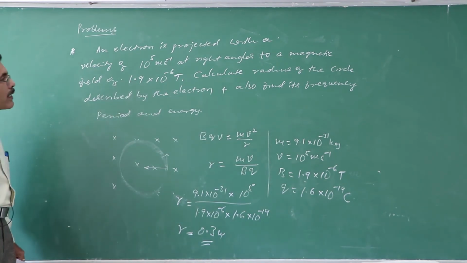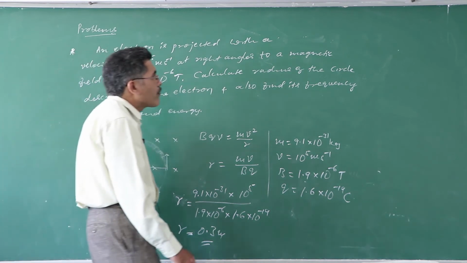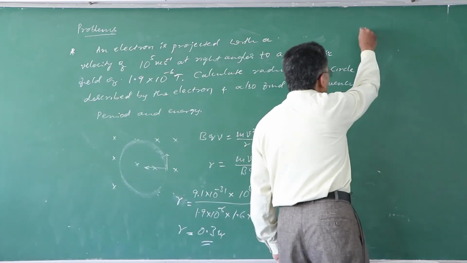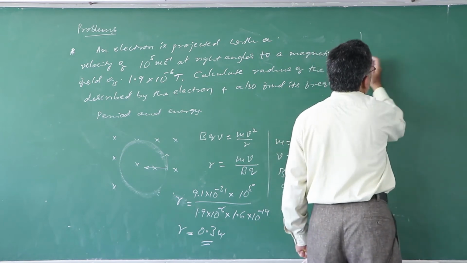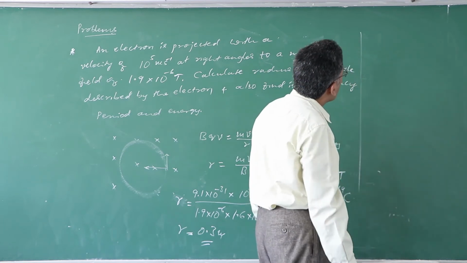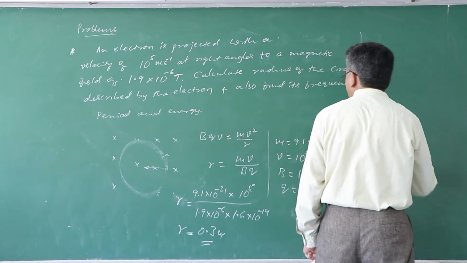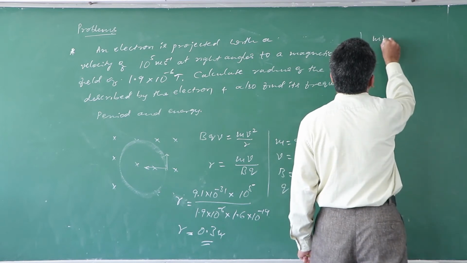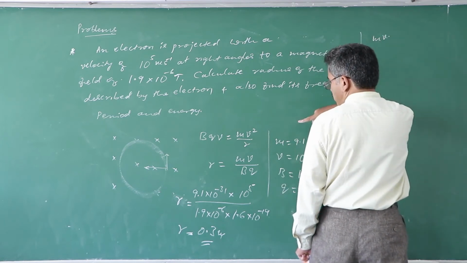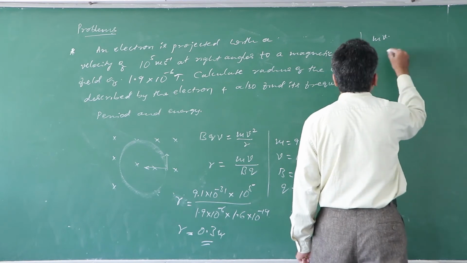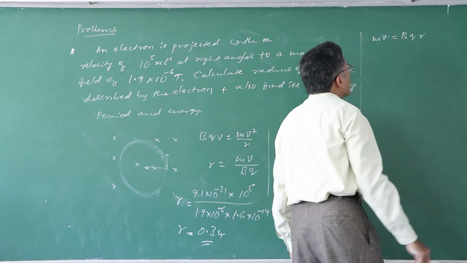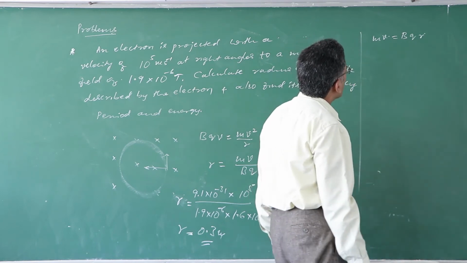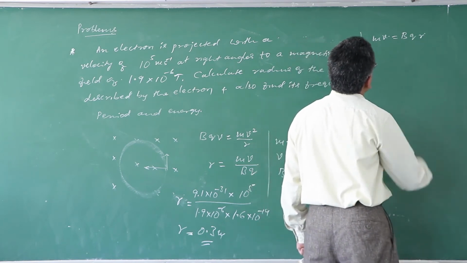So now let us take what is the frequency. We have a relation for frequency. From that relation, mv is equal to bqr, right?